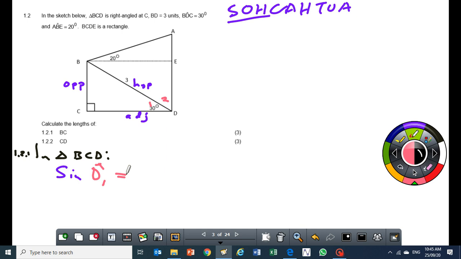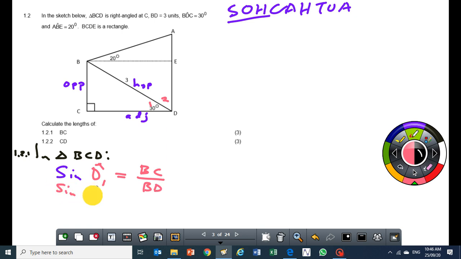So sine D1 is equal to this D1 here. It is the opposite over the hypotenuse, so it will be BC over BD. Then we substitute now.